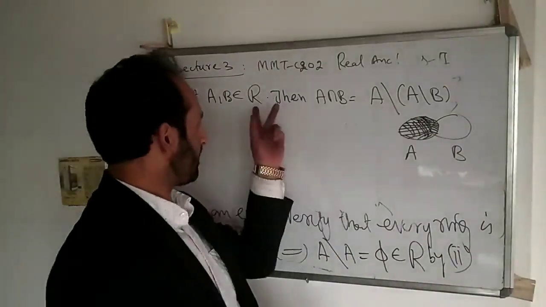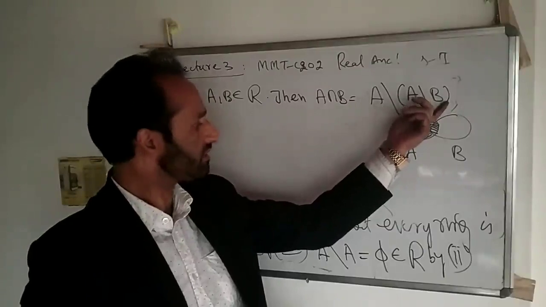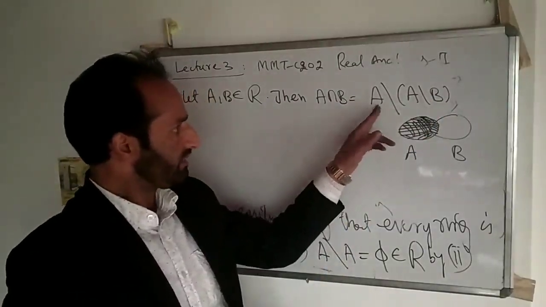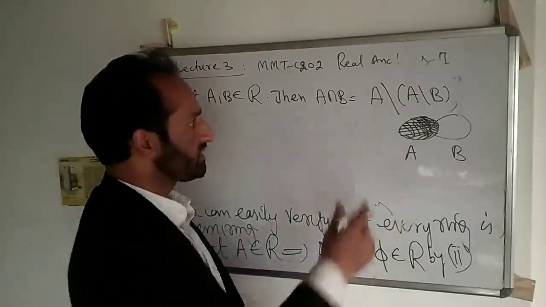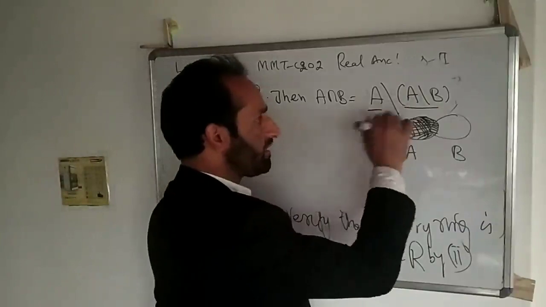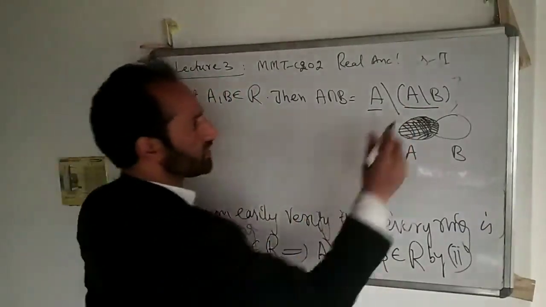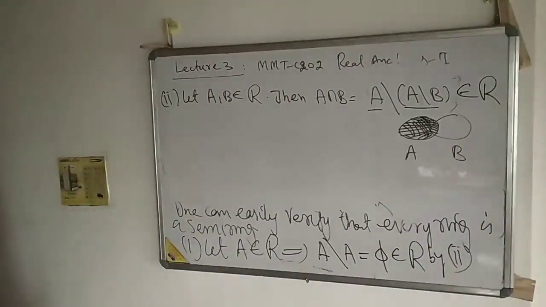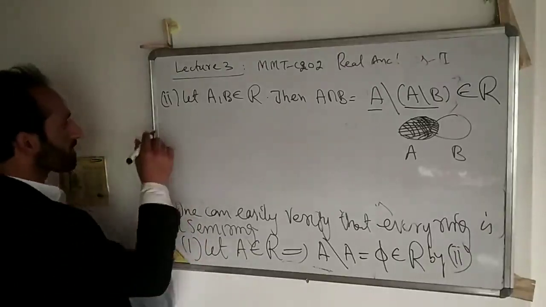A is in R, B is in R, therefore this difference is in R because R is a ring. Now A is in R and that difference is in R. So these are two sets, both in R. Again by the second property, the difference of two elements of R is again in R. So that proves the second property: the intersection of two members of R is again in R.